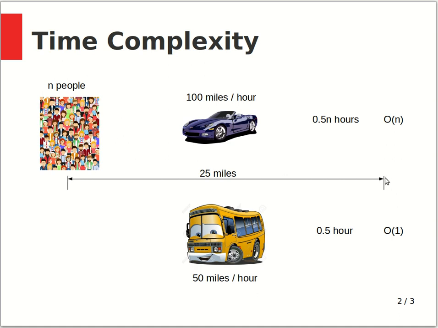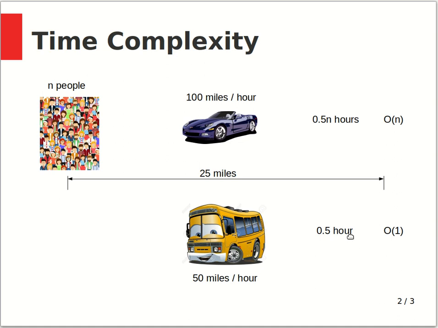That's how many hours it's going to take for the sports car to move n people from this location to this location. And then for the other algorithm, it runs a lot slower, 50 miles per hour, but you can fit all the people into the bus. Let's neglect the time for loading and dropping off the people. That's 50 miles per hour and a 25 mile distance. 25 divided by 50 is 0.5 hours.